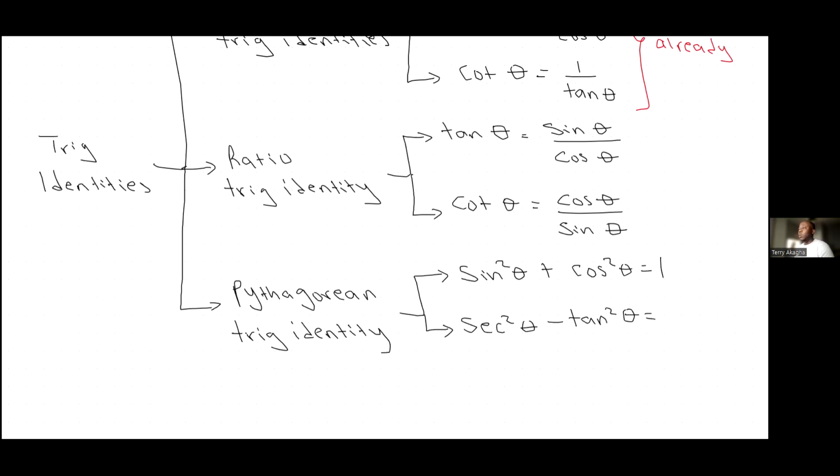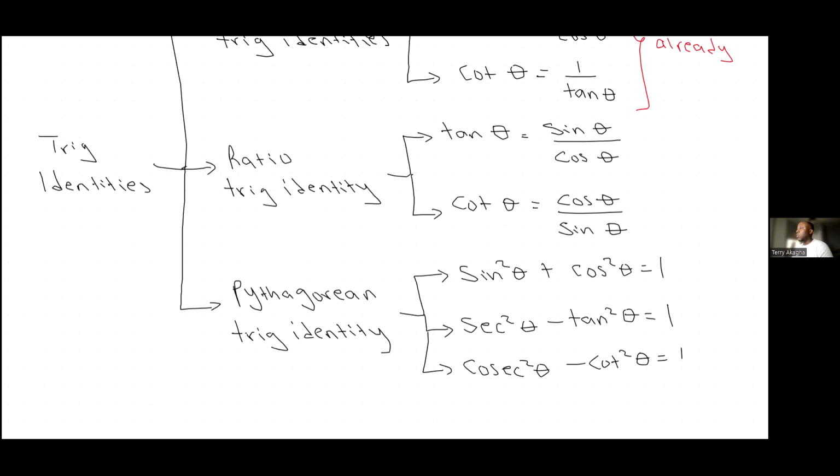And the last one I will talk about will be cosec squared theta minus cot squared theta is equal to 1. So these are the three we're going to focus on.